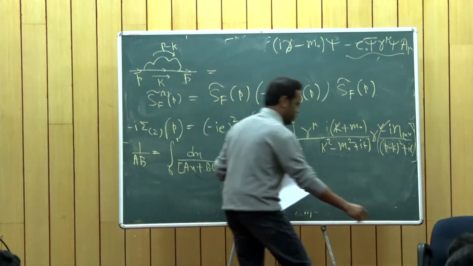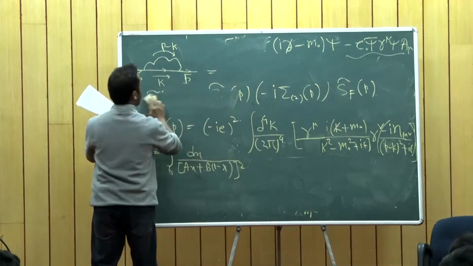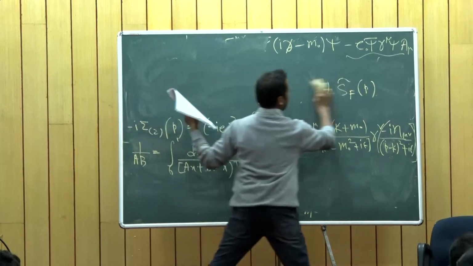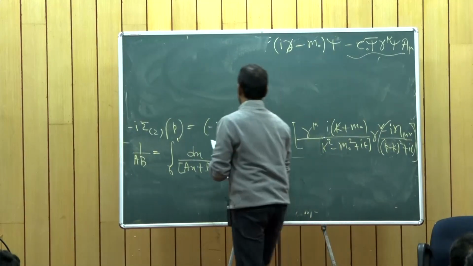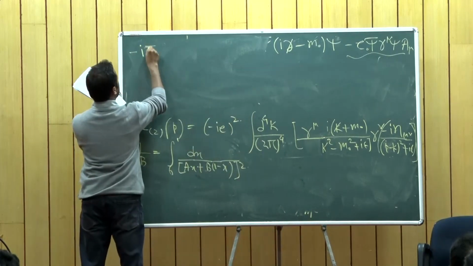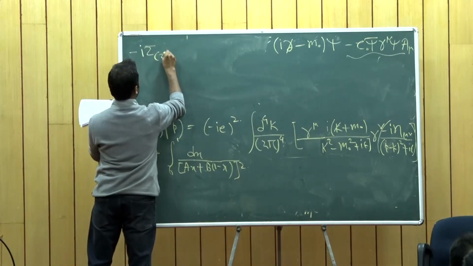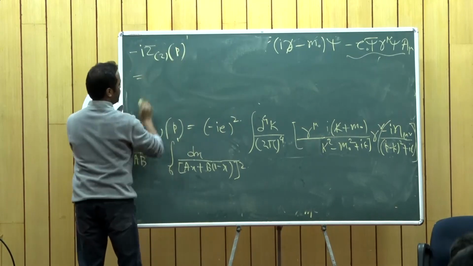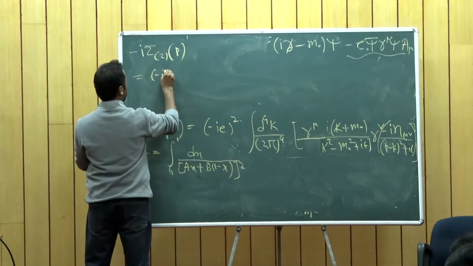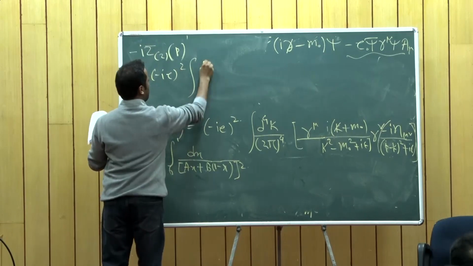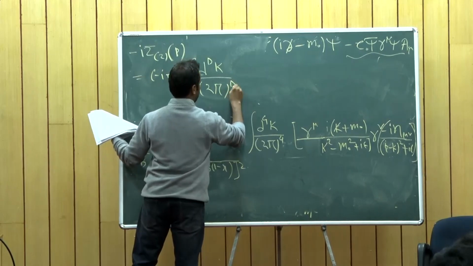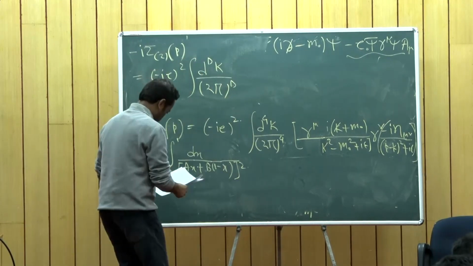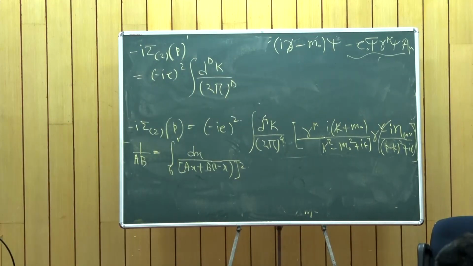Let me write down this expression: minus i sigma 2 p, it will be minus i square, d^d k by, and let me write down the final result after.